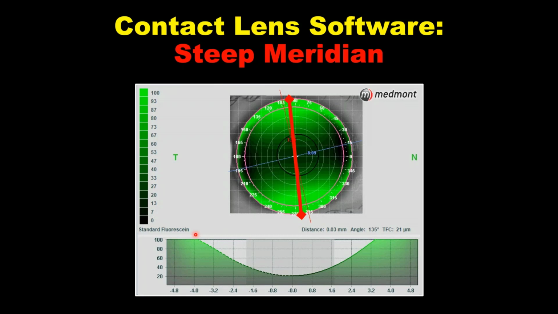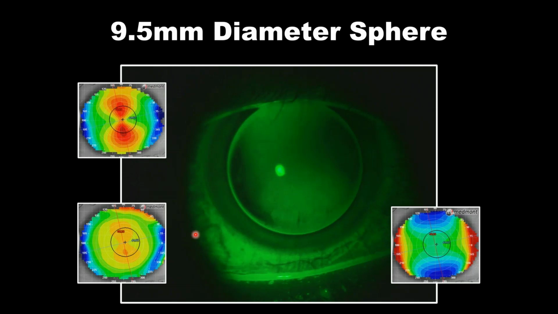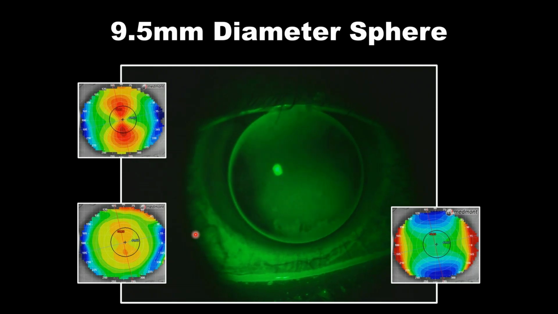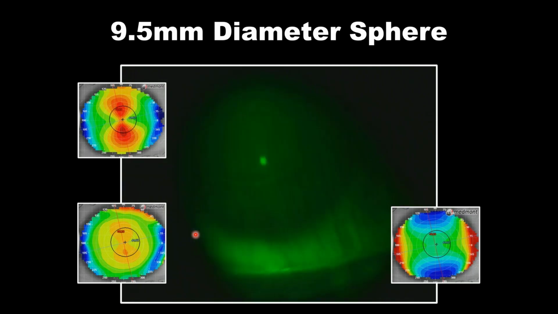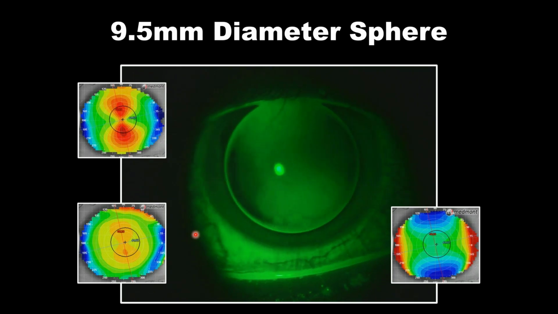So of course, when we put a spherical lens on eye on a really high toric patient, a very high astigmatism, we have a lens that really lacks the kind of relationship across the steep axis that we want. What's really good about this contact lens is notice the horizontal.